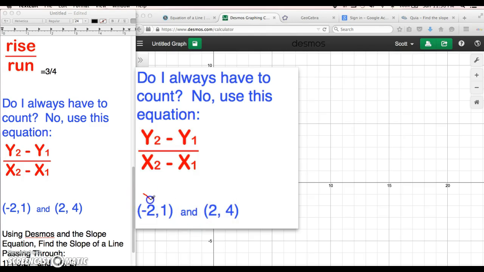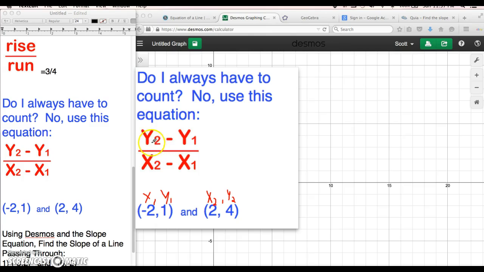So I'm going to call this my x-coordinate of my first point, or x1, and my y-coordinate of my first point, or y1. Over here, I've got my second point, so I'm going to call this my x-coordinate of my second point, and my y-coordinate of my second point.